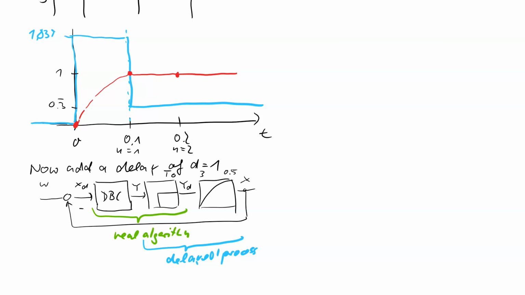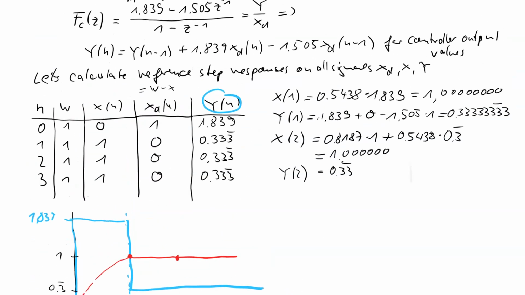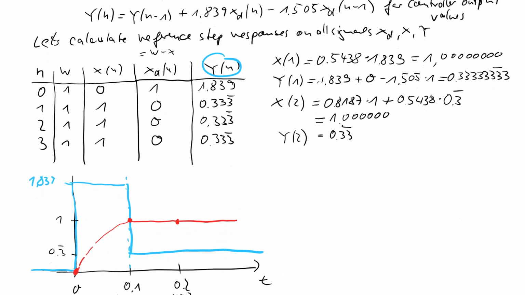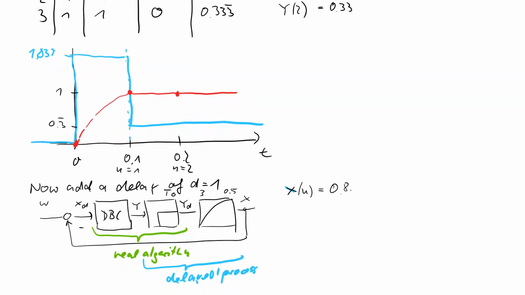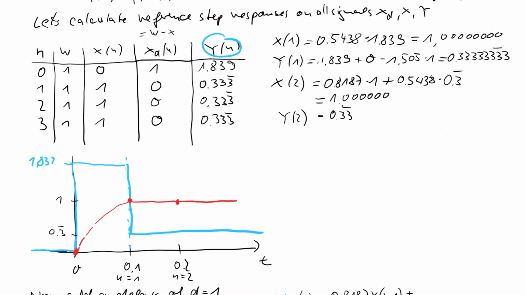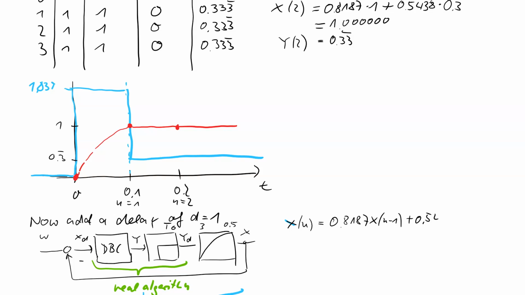In black, the x output of n, we can copy this line, is 0.8187 times the old output plus 0.5438 times the input, which is now yd of n-1.